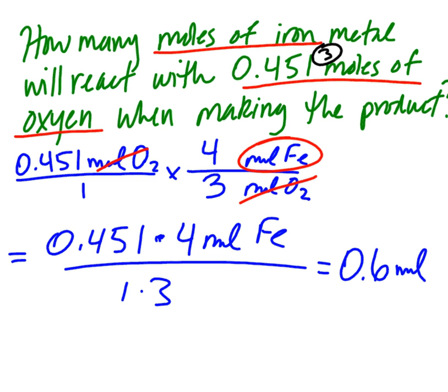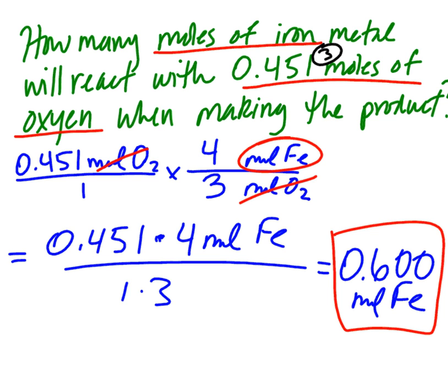Actually, no, let's stick with the rules: 0.600 moles of iron. What this means is 0.600 moles of iron is going to react with the 0.451 moles of oxygen to make our product.